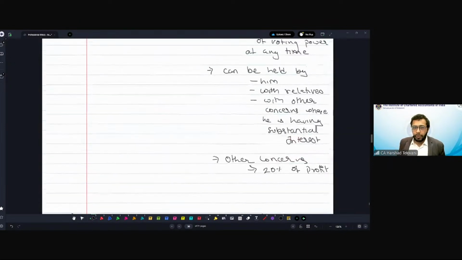If he is holding with relatives, then yes, he's holding substantial interest. So this case is like his relatives are holding, so he is indirectly holding the interest. So the clause will be attracted. Okay.